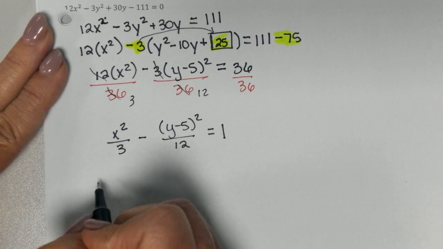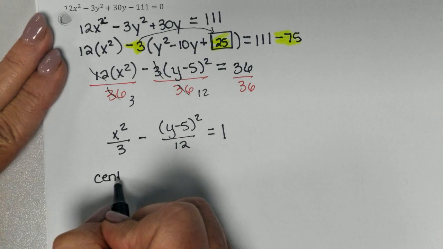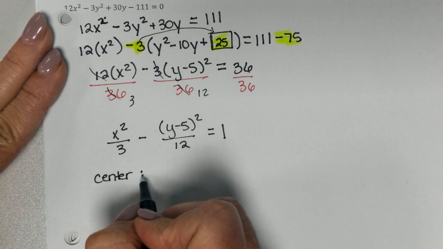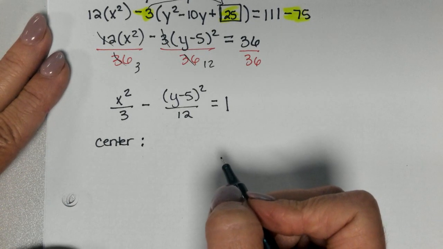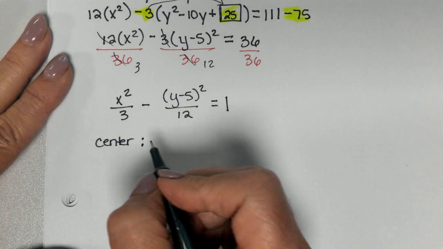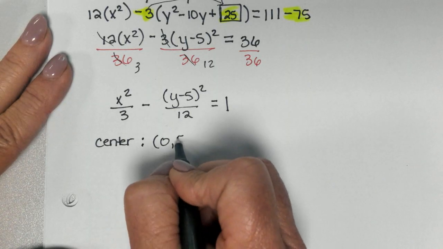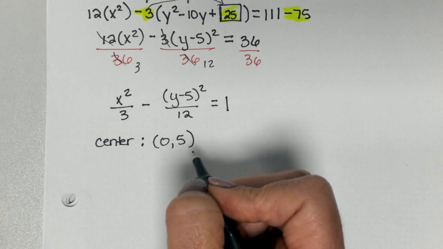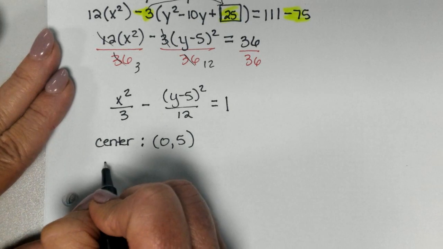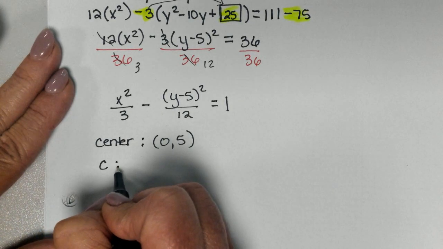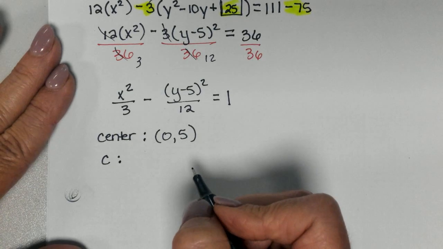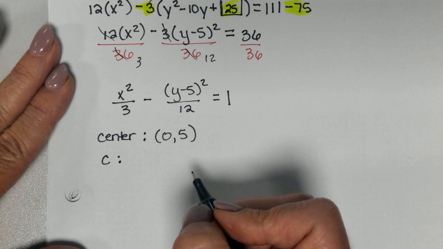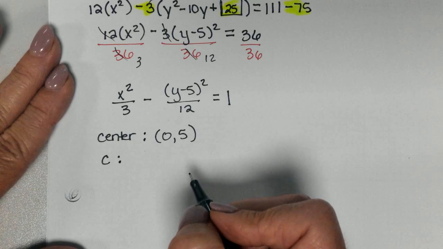So, just looking at this, where is your center located? 0, 5. Okay. Can you find the value of c? What do you do to find c? a squared plus b squared.